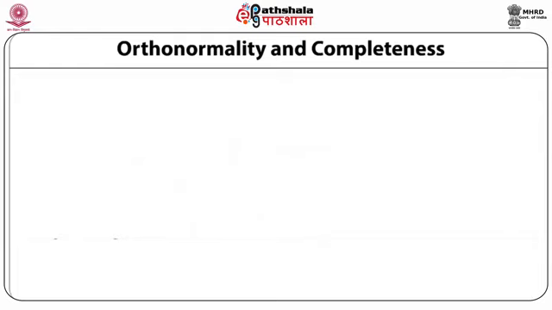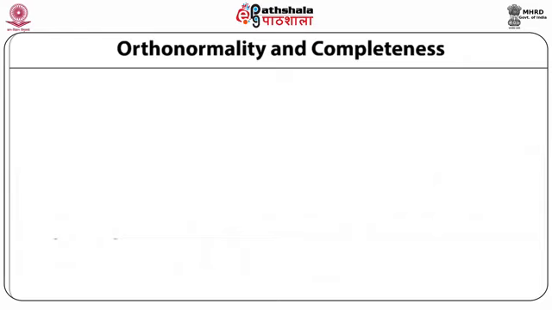Orthonormality and completeness. Now let us look at the conditions of orthonormality and completeness in the Hilbert space. Such that the only non-zero number in uk is xk, which is equal to 1.